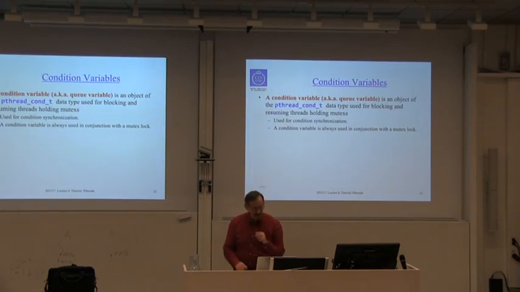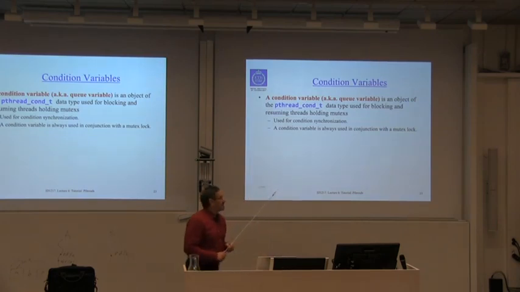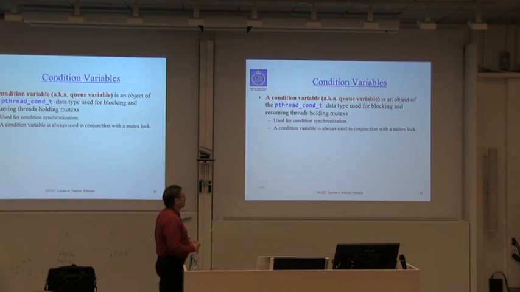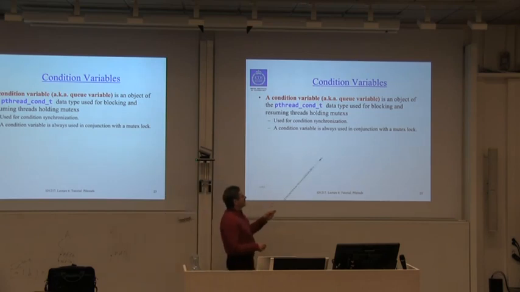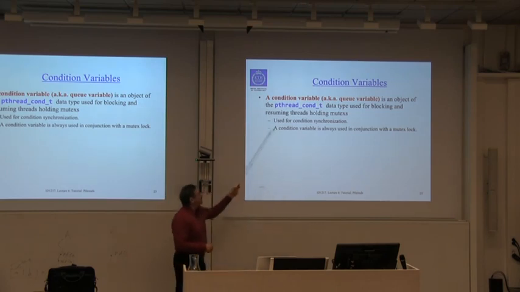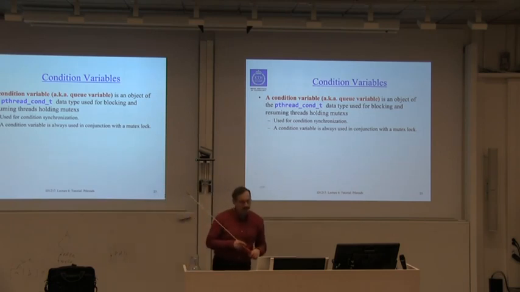Okay, condition variables are used to implement condition synchronization. A condition variable is also known as a queue variable. It's an object of this type, pthread_cond_t. They represent queues of processes which are blocked, waiting to be resumed, to be signaled. And typically a process is holding a lock before it calls wait, because it was checking some condition.